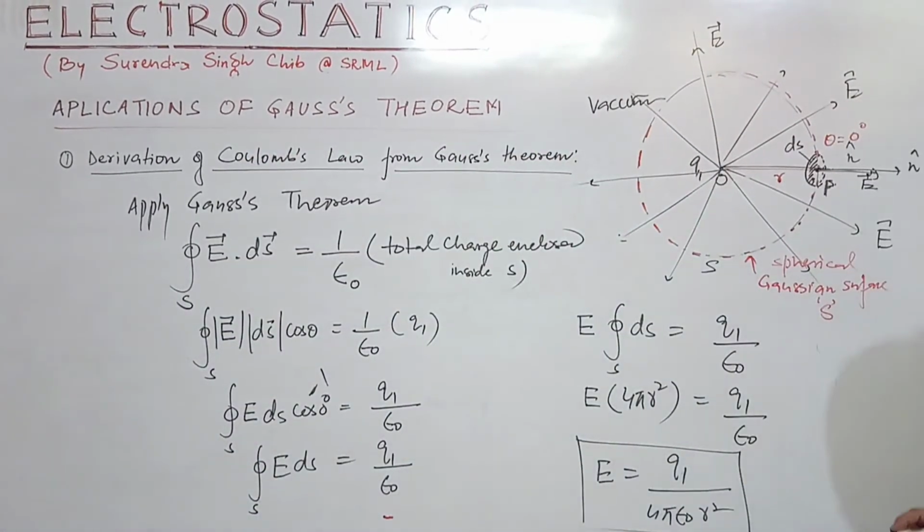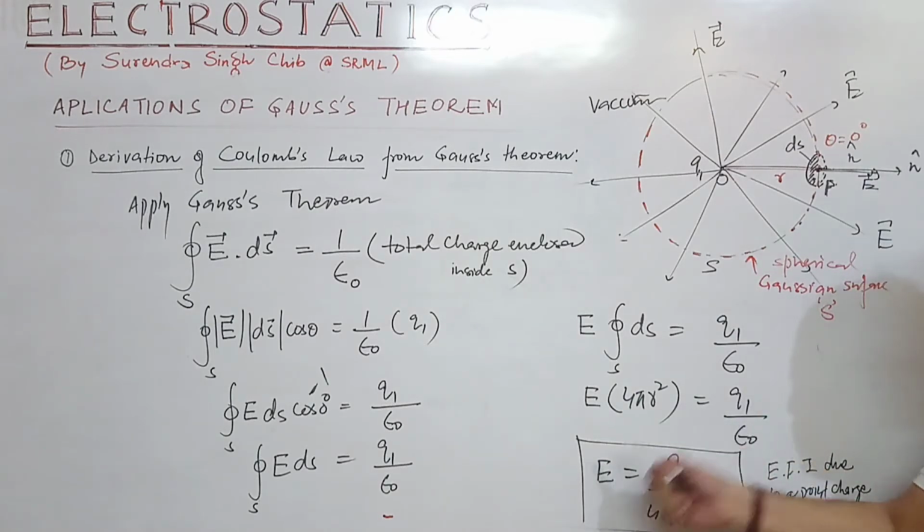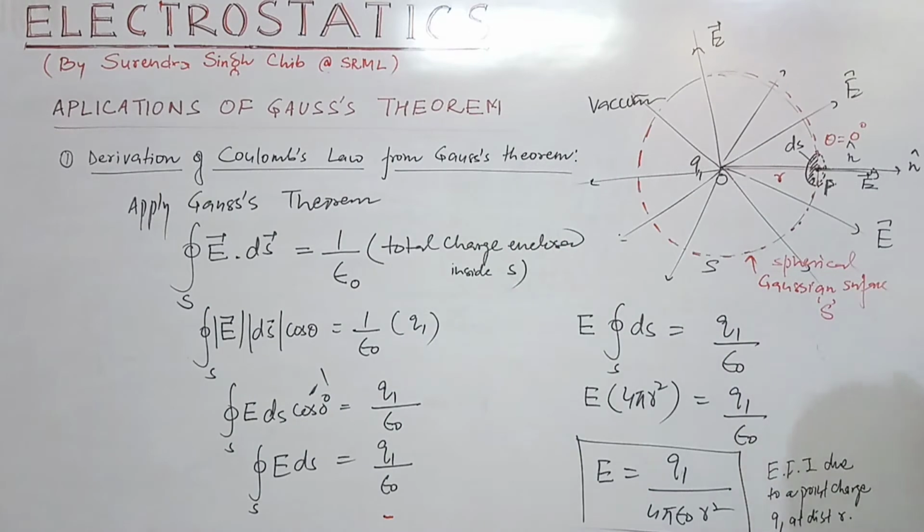This is the electric field intensity due to a point charge, say Q1, at distance R. We must have derived this earlier. So we have derived the expression of electric field intensity from Gauss's theorem. This is the expression of electric field intensity due to a point charge Q1 at a distance R. But we have to derive Coulomb's law, so we will derive it.